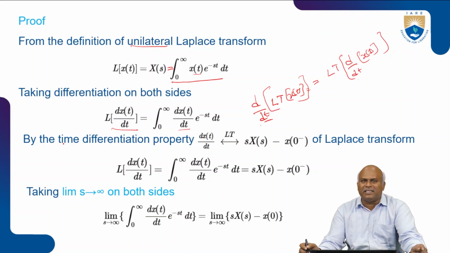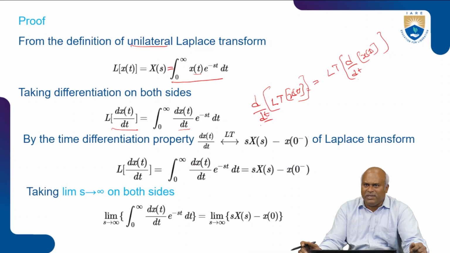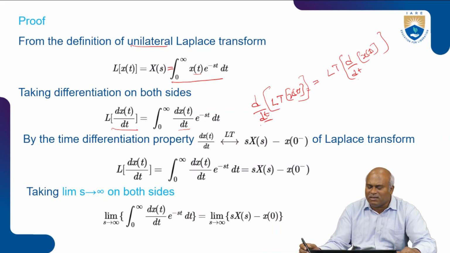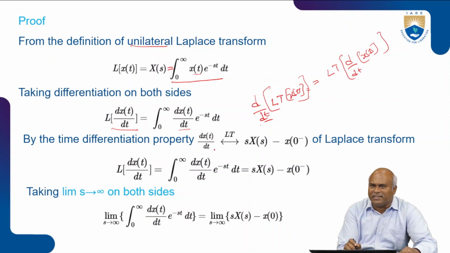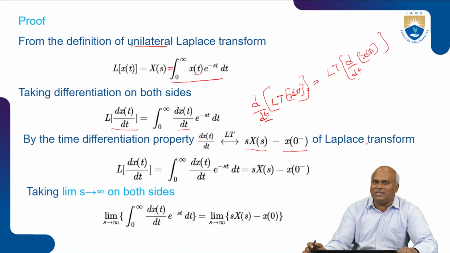Next, by the time differentiation property, we know that the Laplace transform of dx of t by dt is equal to s X of s minus x of 0 minus. Here X of s is the Laplace transform, and x of 0 minus is the initial condition.